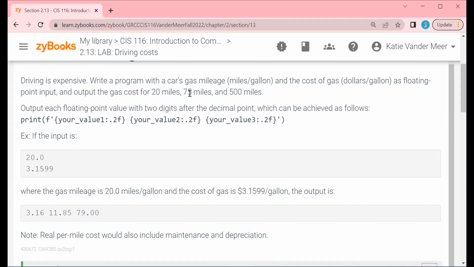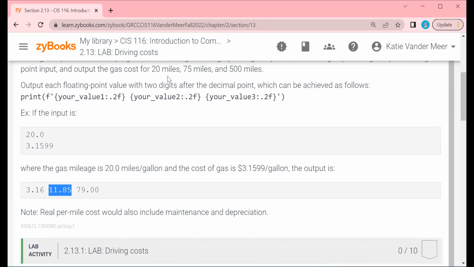And then after 75 miles, I'm going to calculate how much my gas will cost, and then after 500 miles, how much my gas will cost. If it's 20 miles, it's going to cost me $3.15, and that rounds it up. After 75, it's going to be $11.85, and after 500, it's going to be $79.